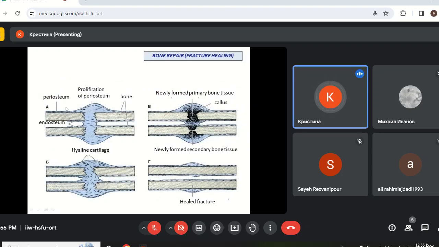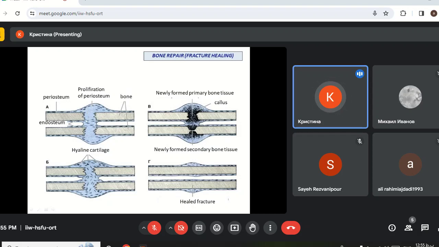Also, during the breaking of the bones, we have the ends of the bone which are not attached together, and some space is between them.